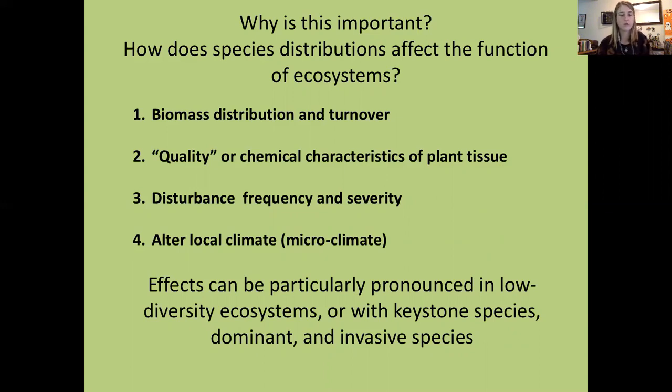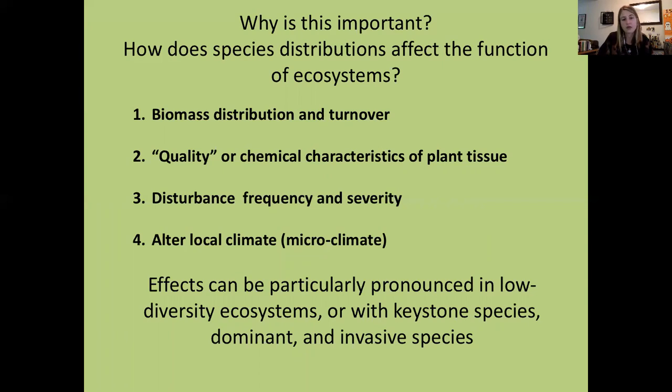If you have a forest full of shrubs, you'll have a lot less carbon sequestration than you would have in a forest full of hardwood oak or hickory species. And then turnover is if a tree dies, is there going to be another tree that grows in its place? And that is also controlled by species distribution.